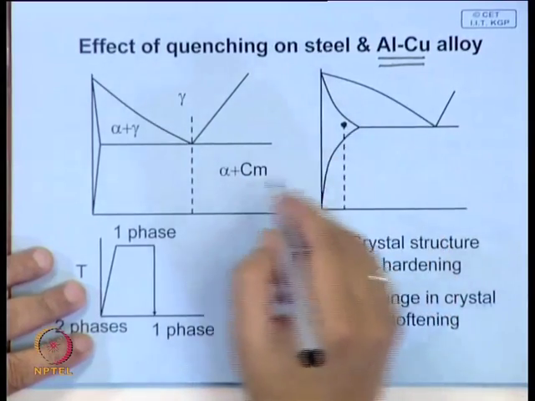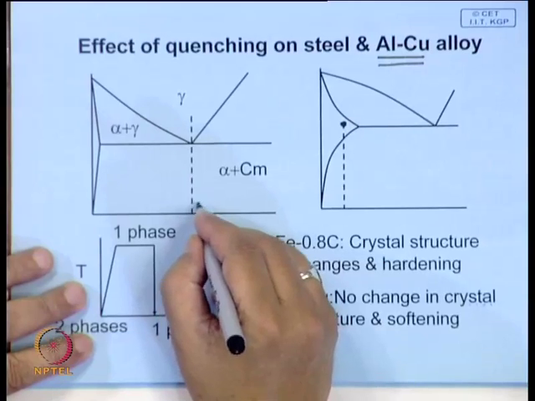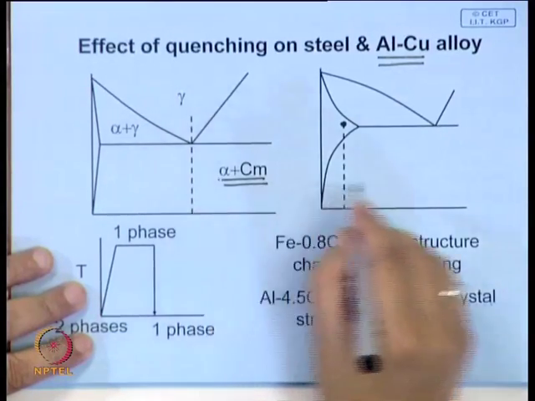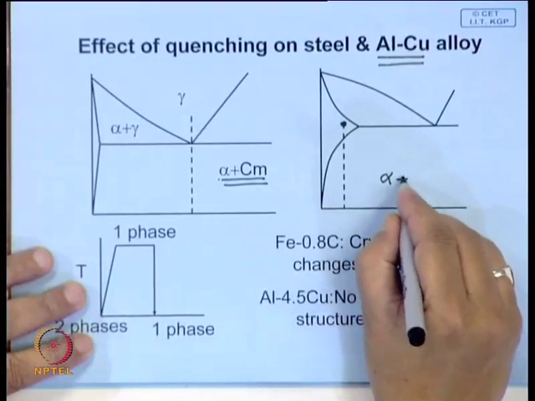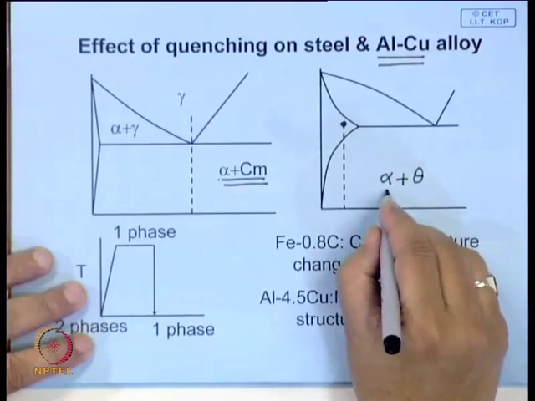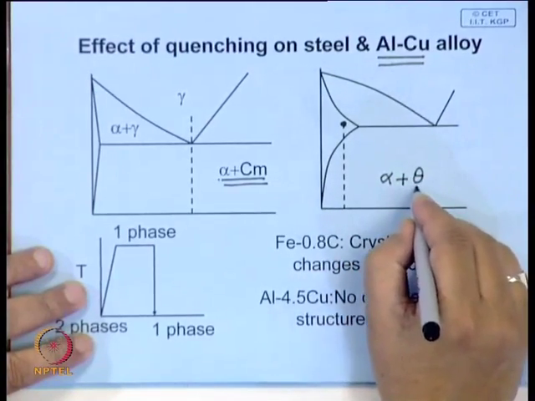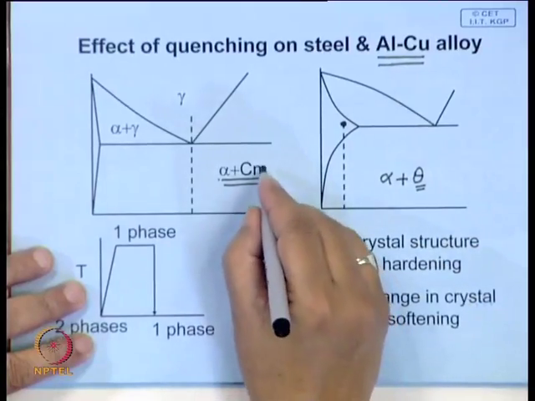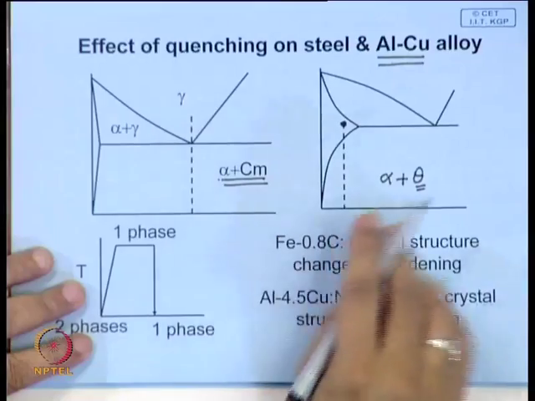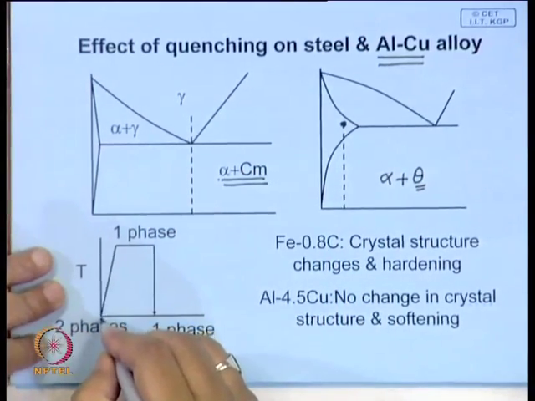Now, if you compare the two, here also we talked about heating the steel, which is initially alpha plus cementite, and here it is alpha plus theta, which is some intermetallic compound of aluminum and copper. Cementite is an iron carbide.